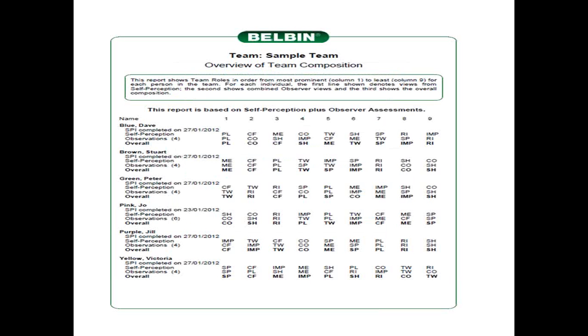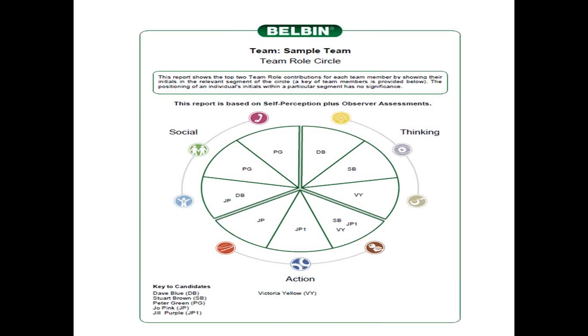John, if you can switch to the next slide, please. Some of these would be much more familiar, but this is a new sample report that they've added, the team role circle, which is a great snapshot of where a team or a group of individuals stands, and we'll come back to the application to forming or evaluating teams.